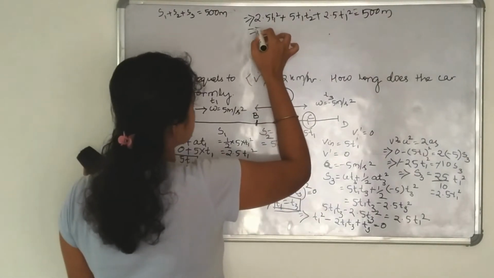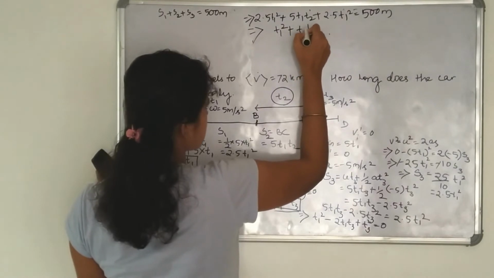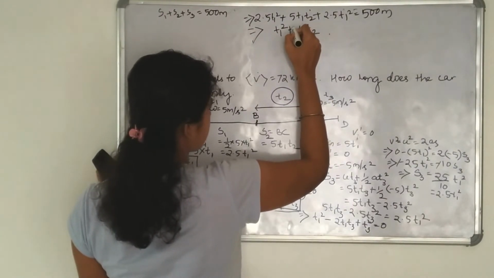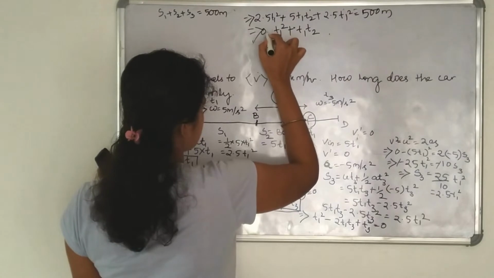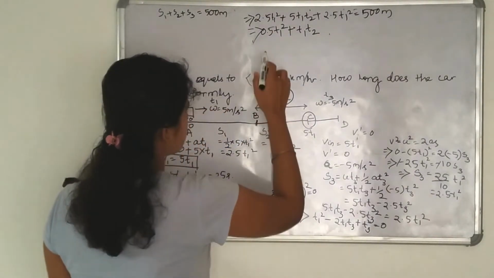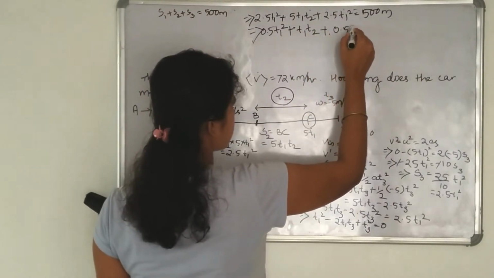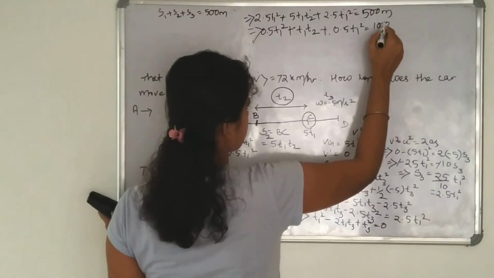So if we simplify this, we get 2.5 T1 square plus 5 T1 T2 plus 2.5 T1 square. If we divide each term by 5, then we get 0.5 T1 square plus T1 T2 plus 0.5 T1 square is equal to 100.